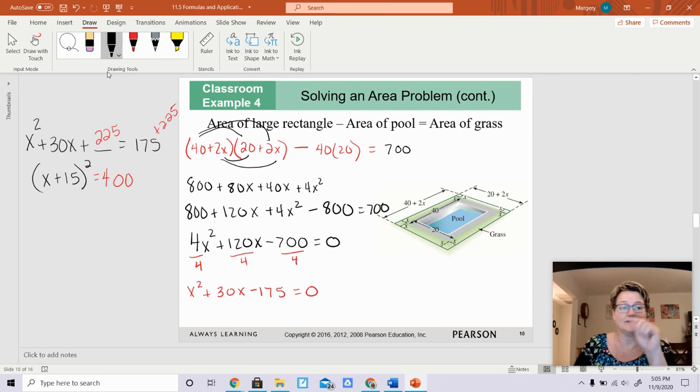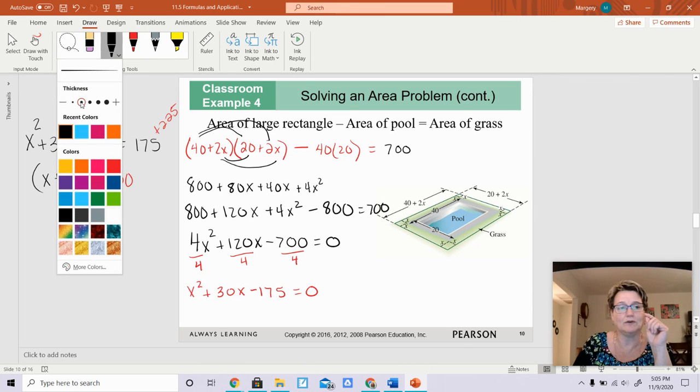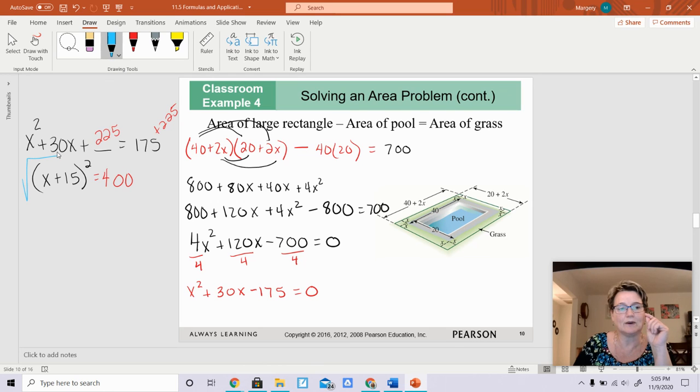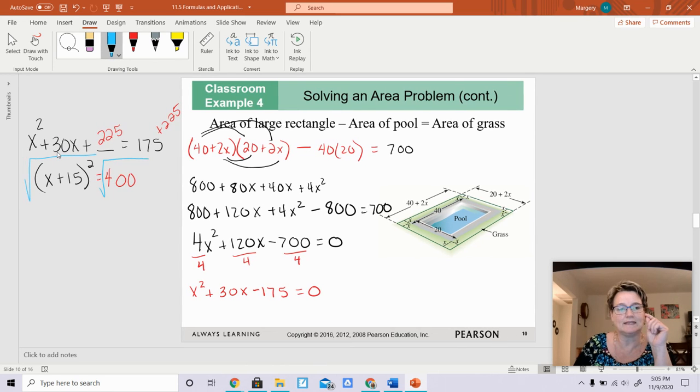Now, to get rid of the square, I'm going to square root both sides. So I get x plus 15 equals plus or minus 20. Now, I'm going to subtract 15 from both sides. Let me just rewrite it real fast to make it a little bit easier for you.